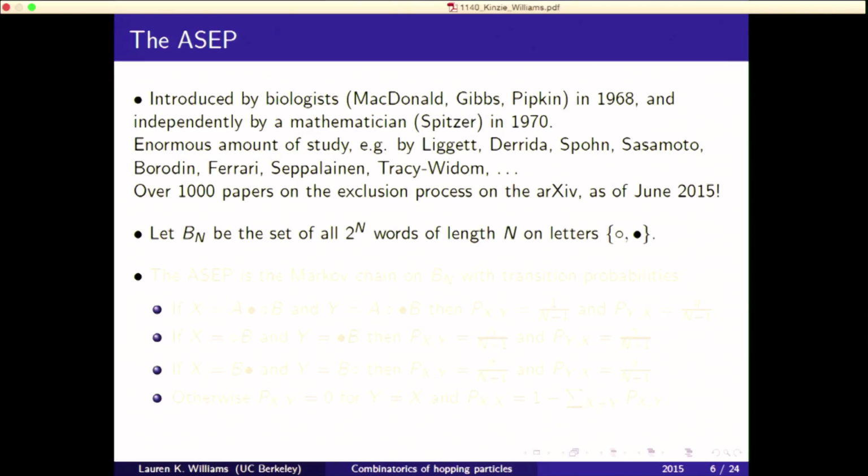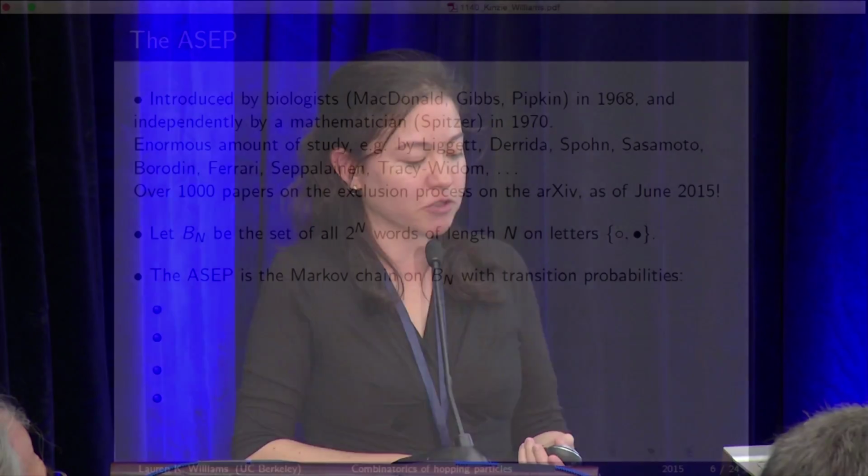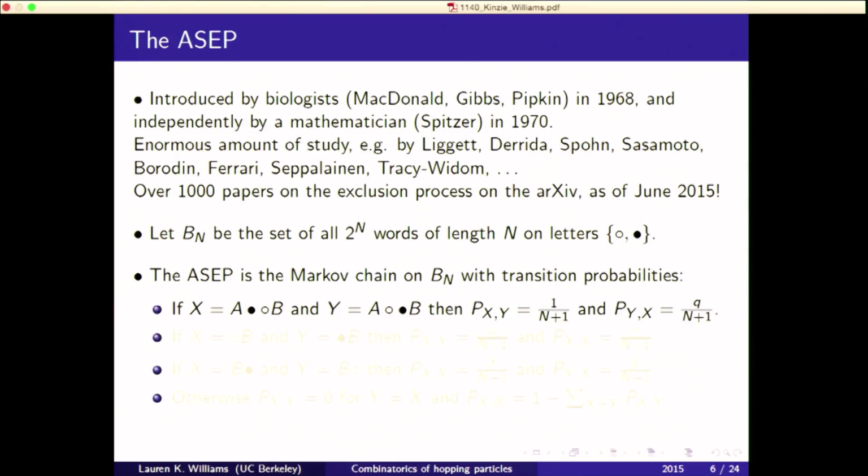Okay, so now I'm going to give the formal mathematical definition. So B sub n is the set of all 2 to the n words of length n on letters hole and particle. And then the ASEP is the Markov chain on the state space B sub n with the following transition probabilities. So here, x is an arbitrary word.